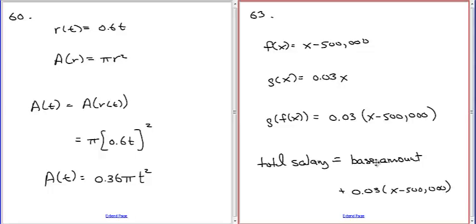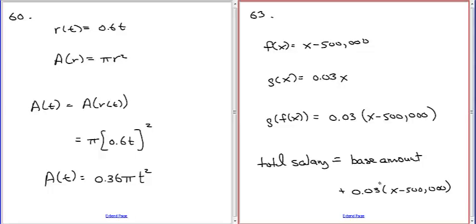So, of course, if you sold less than $500,000, you wouldn't get stuff subtracted from your salary. They don't ask you actually for this, but I guess if x is less than 500,000, then the salary is your base amount. If x is greater than 500,000, then your salary would be calculated as such.